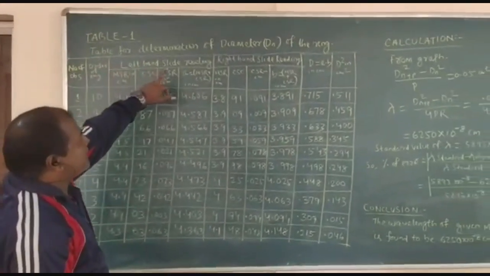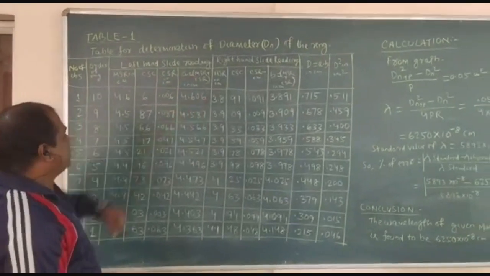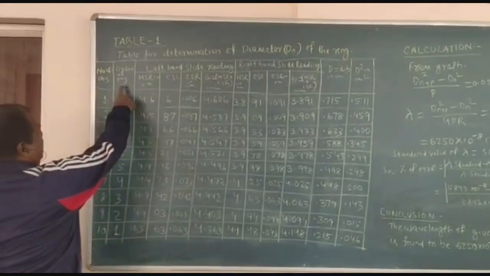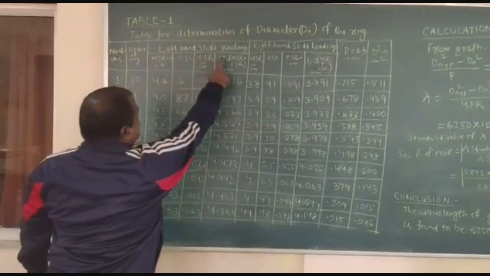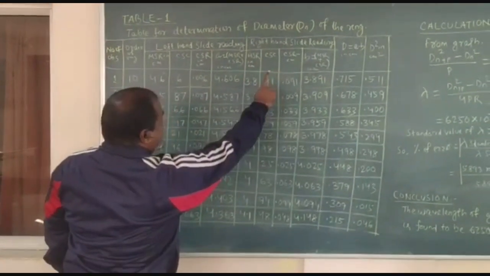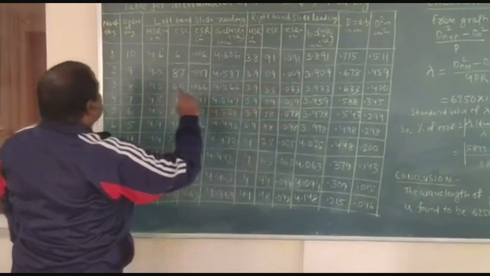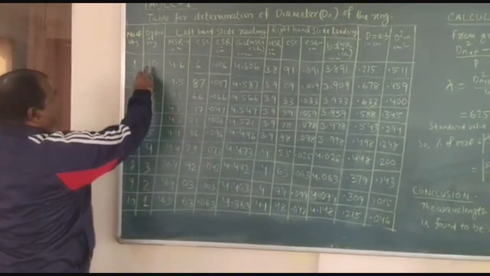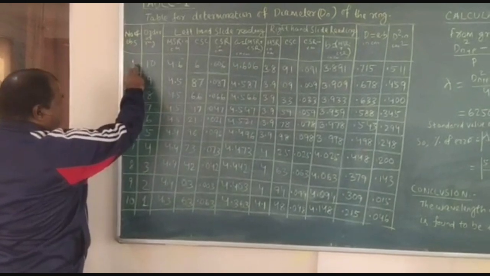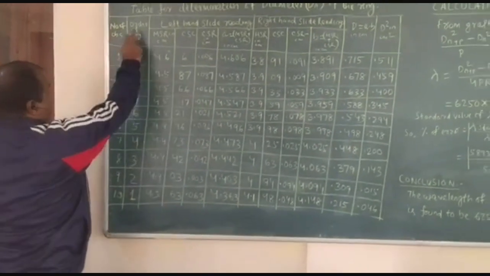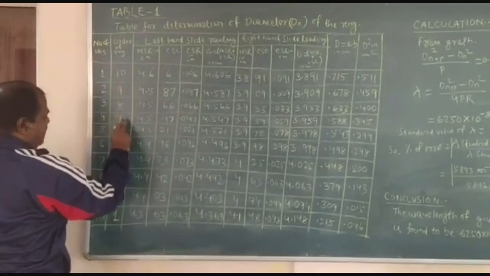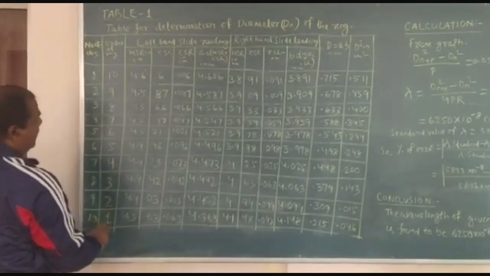Table for determination of diameter Dn of the ring. Number of observation, order of ring, left hand side reading, right hand side reading, diameter which is A minus B, and diameter square in centimeter square. See here, number of observations 1 up to 10, order of ring 10, 9, 8, 7, 6, 5, 4, 3, 2, 1.